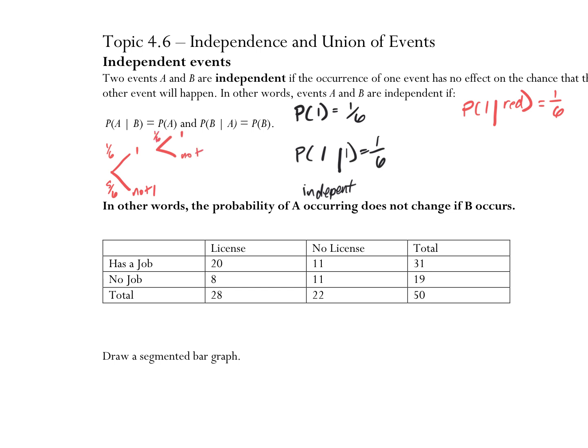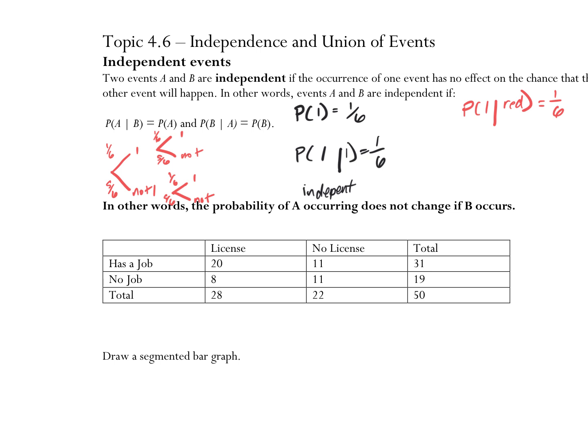Yeah? Okay. So conceptually for independence, what's important is that these probabilities on the second set of branches stayed exactly the same.